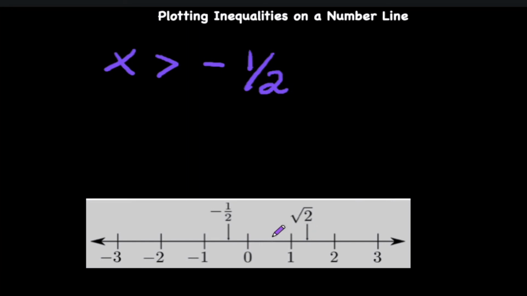So let's go to -1/2, which is here, open circle. x is greater than -1/2, so we are shading to the right. And notice -1/2 will not be included in this solution because of this open circle.